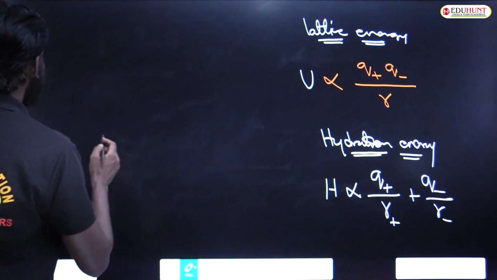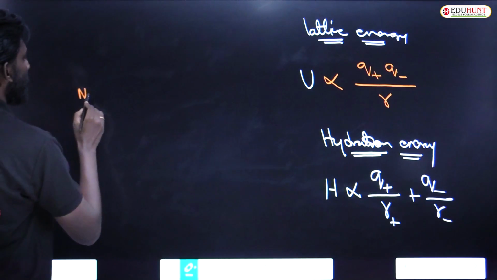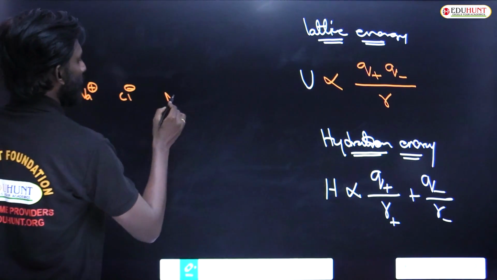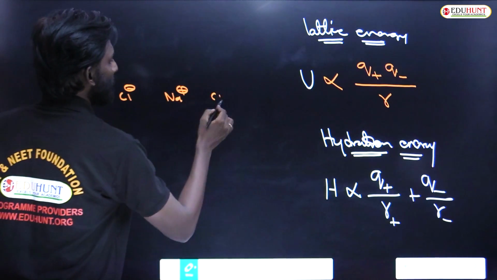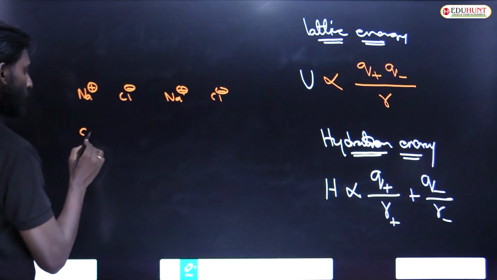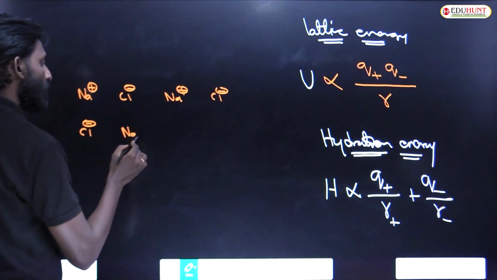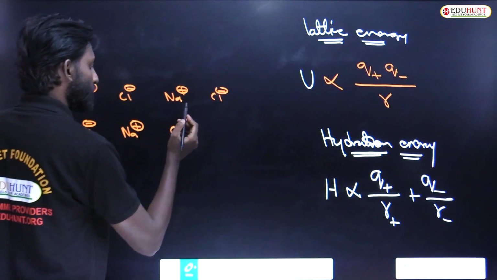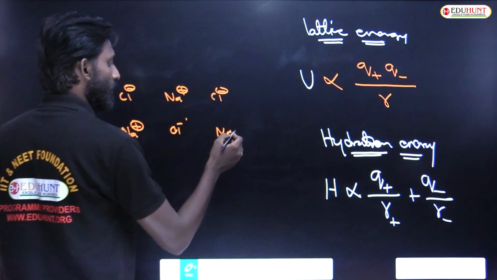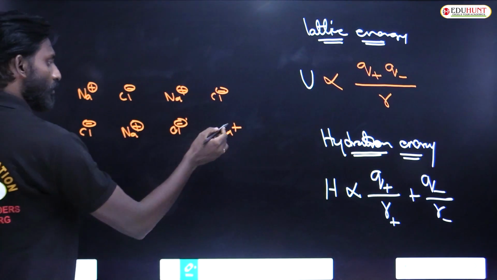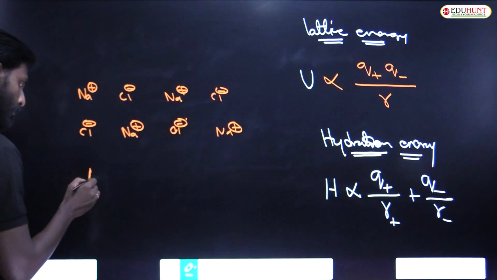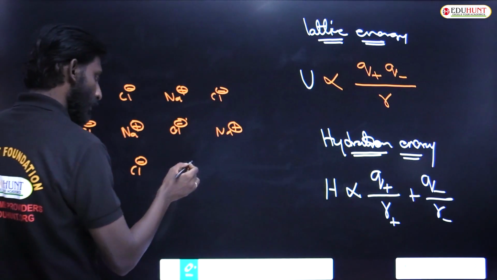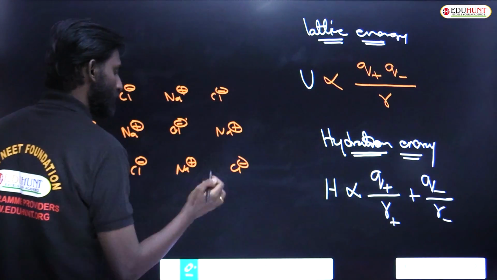See, suppose Na plus Cl minus, next Cl minus Na plus, Cl minus Na plus. Let me take one more layer of Na plus Cl minus, Na plus Cl minus.